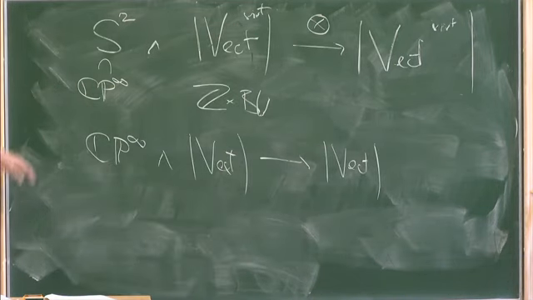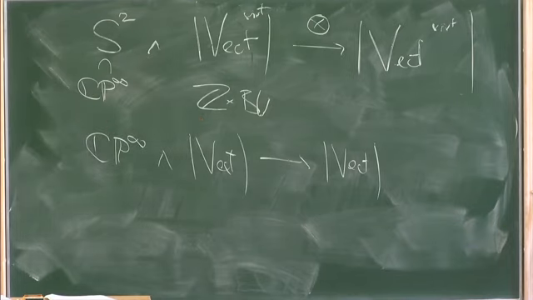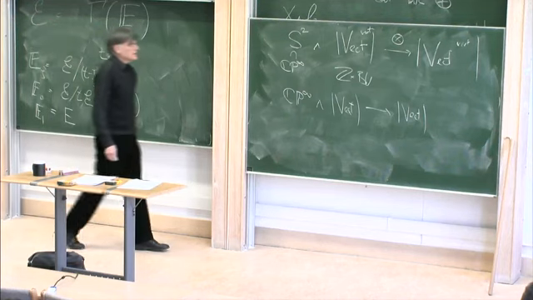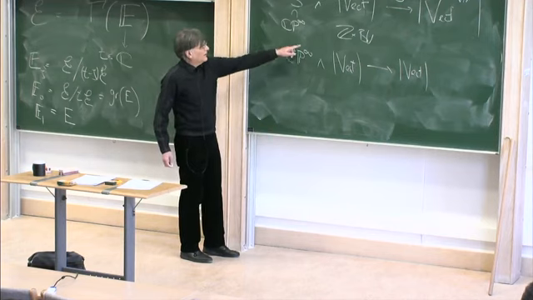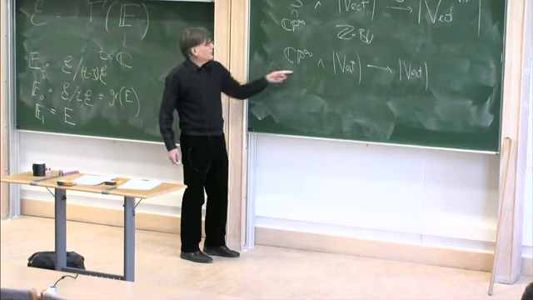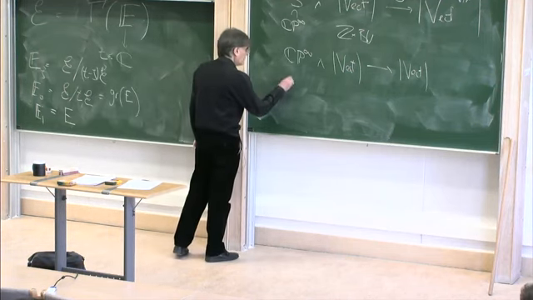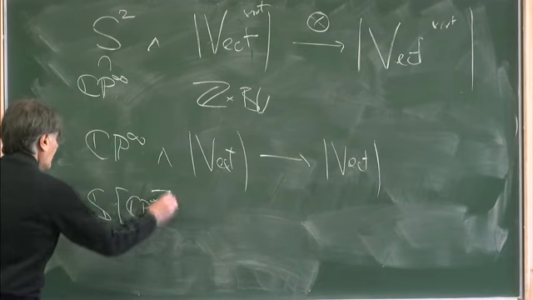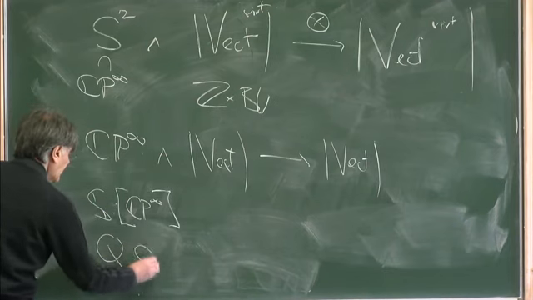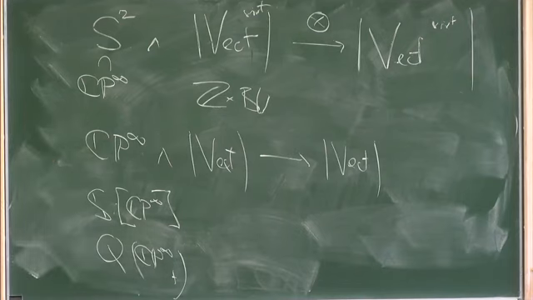And of course, we're in this category of spectra, which are somehow modules over the sphere spectrum. So if I want to take the free algebra generated by this space in the category of spectra, I have to take the sphere spectrum smashed with CP infinity, or perhaps you'd like to write it Q CP infinity plus, lots of ways of writing it.